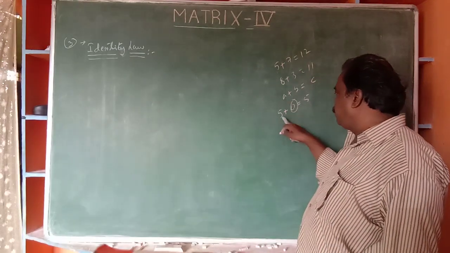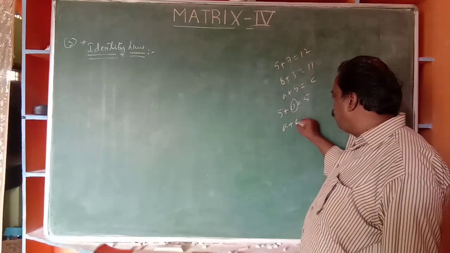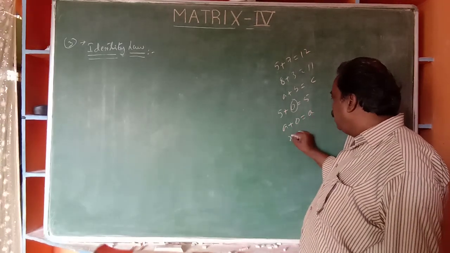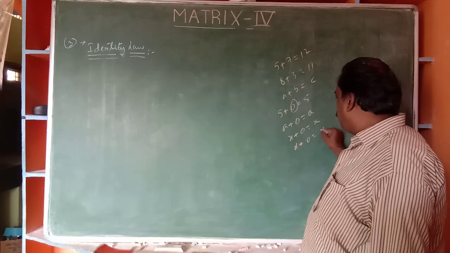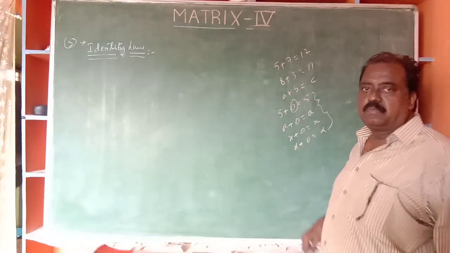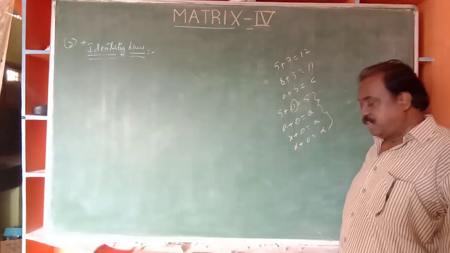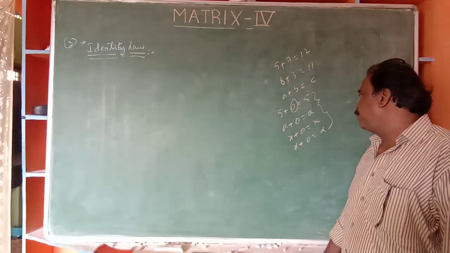But in the case of 0, 5 plus 0, any number A plus 0 is A, X plus 0 is X, alpha plus 0 is alpha. This type of property is called identity law, identity property.